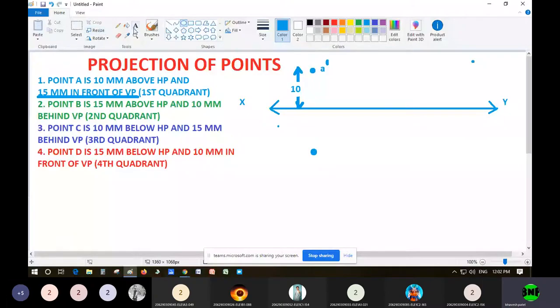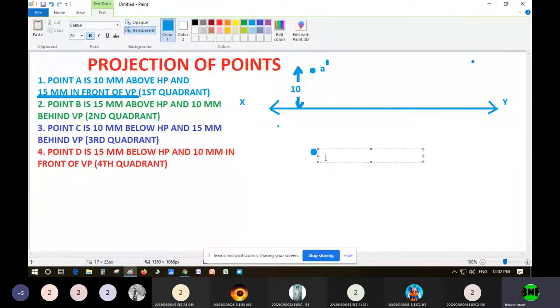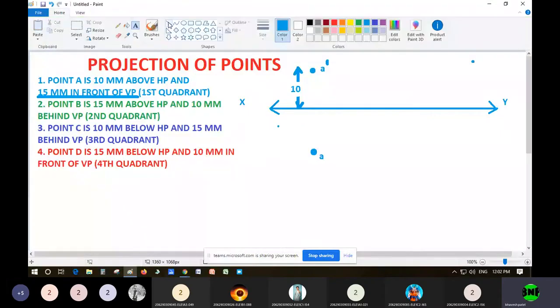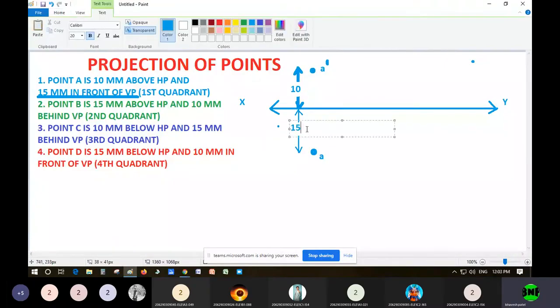I write the name of the point, that is A, and so this is 15.